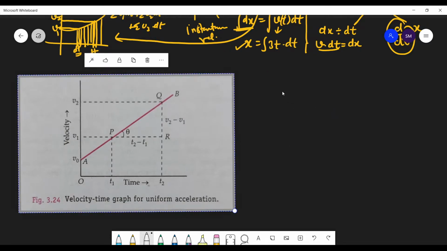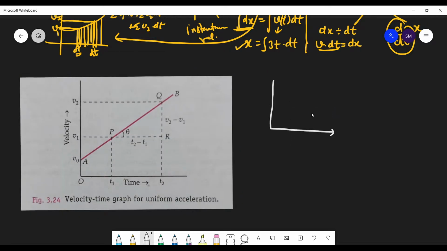The graph that we first took was a position time graph, right? So here it was A, and then it was a curve up to B, and after that it was straight up to C, and then a little bit of curve up to D, and then again flat. Remember?